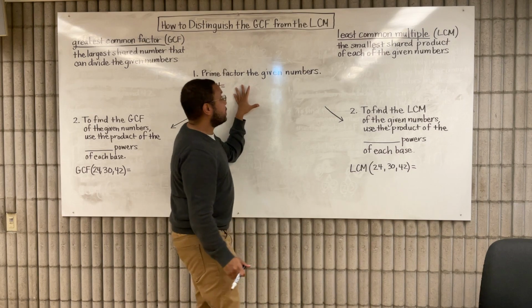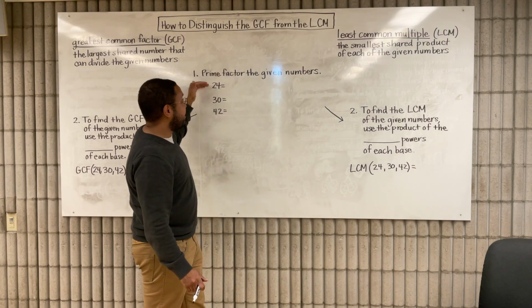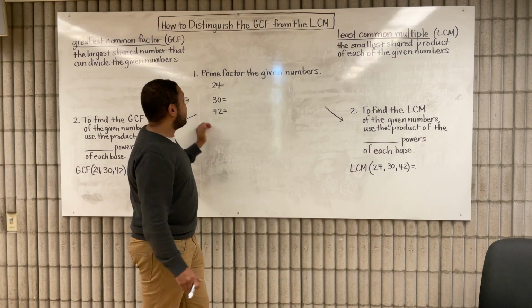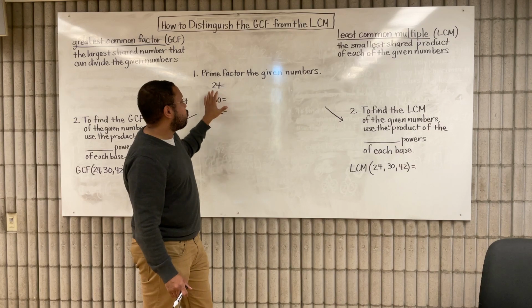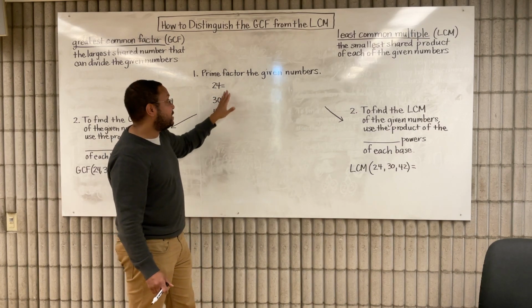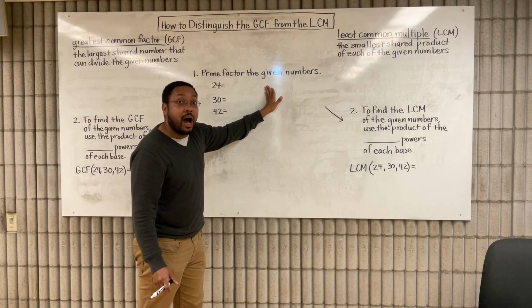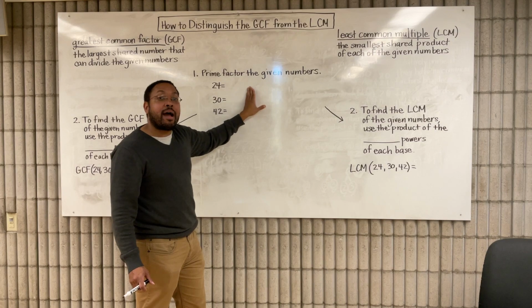To find the greatest common factor and the least common multiple of given numbers, our first step is to prime factor those given numbers. That is, write 24, 30, and 42 as simply products of prime numbers, okay?